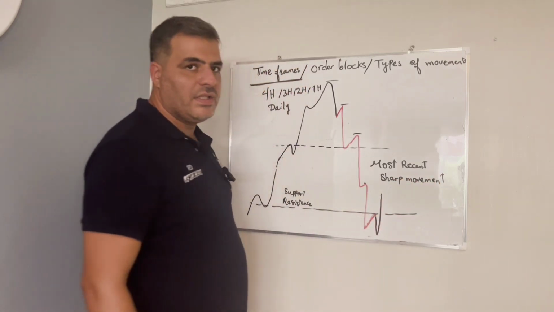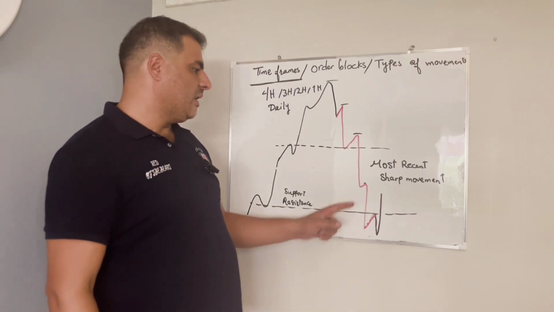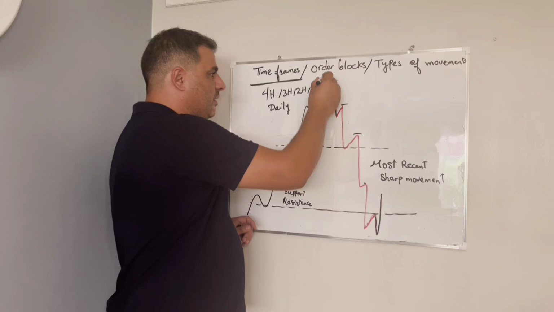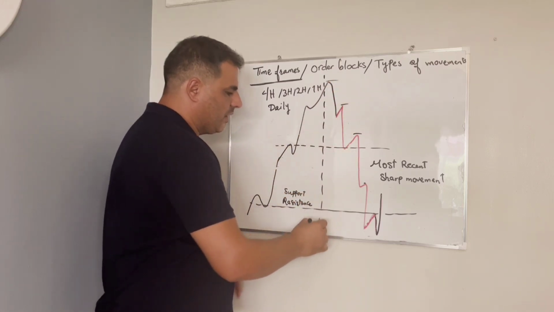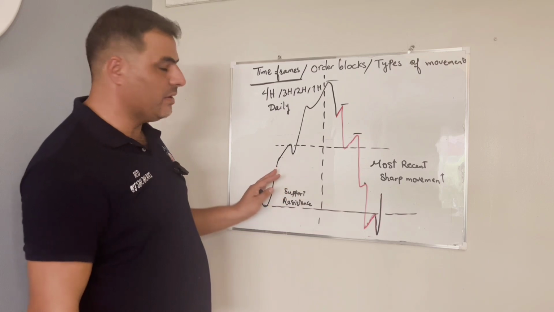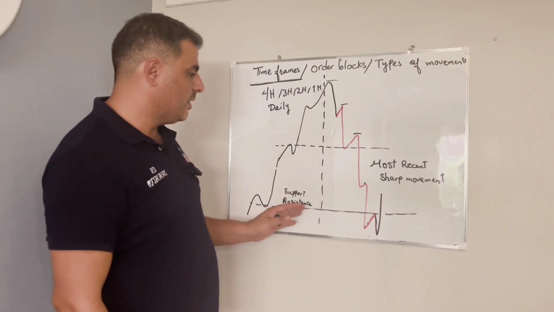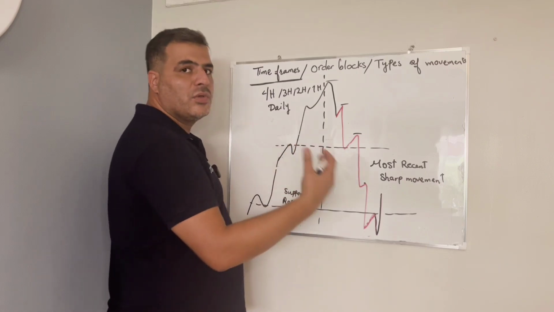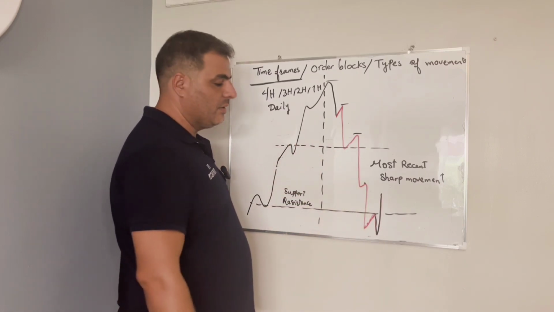We don't look, for now, at this right side of the chart. This is the old news. We are going to use it, but not now. We want to look at the right side of the chart and the most recent movement.